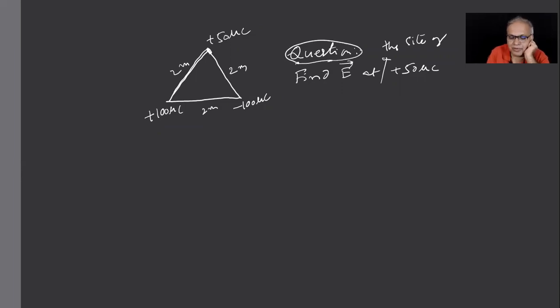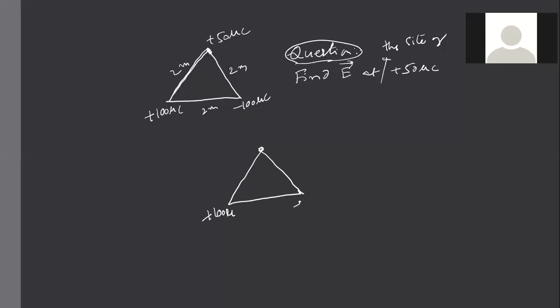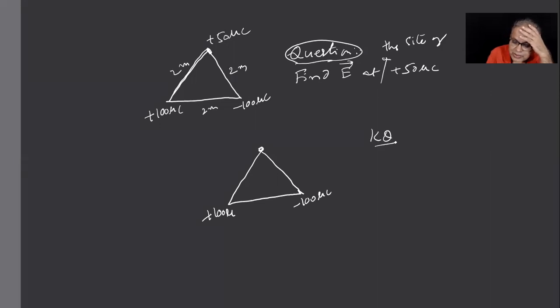Who will tell me now? You're saying that you're following. Look, field at this point is because of this and this only, not because of the plus 50. Why? Because KQ by R square, when you write for this plus 50, R is what?